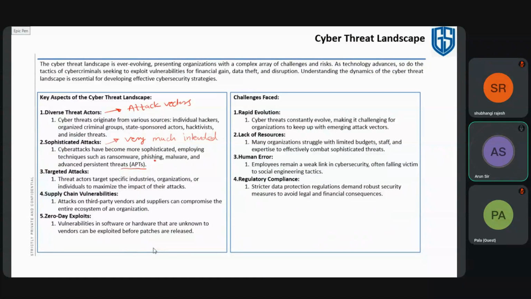So if I know that a certain group is targeting certain resources online, and these are their respective IP addresses or methodologies, we can take measures proactively to stop them.